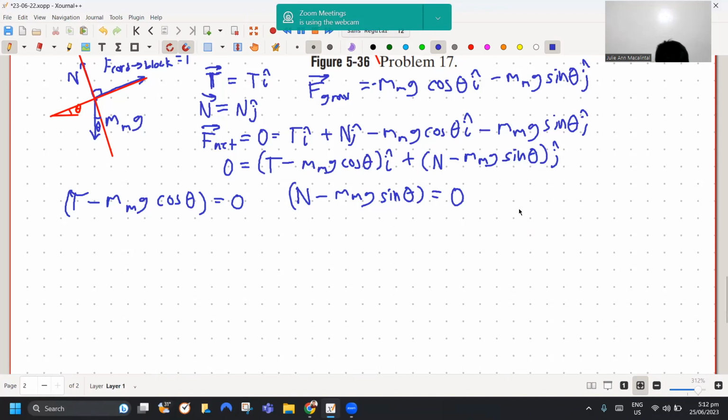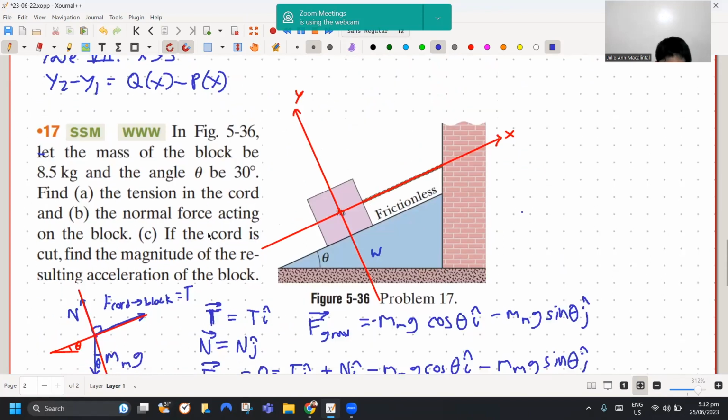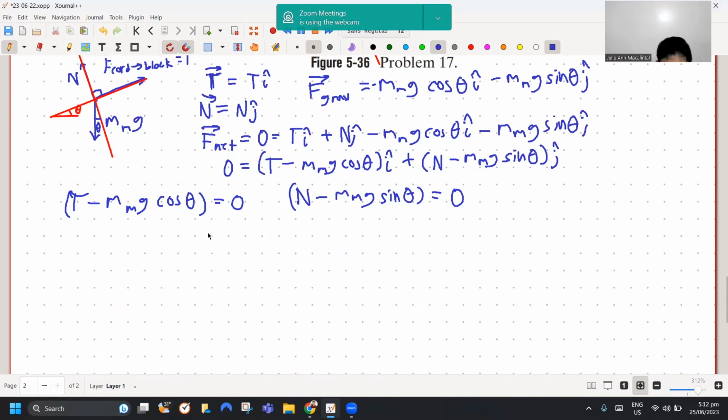Ngayon, i-highlight mo yung mga given. Given. So use highlighter, tapos paki-highlight lahat ng given dyan sa equation na yan. Sa dalawang equations na yan. So, 8.5 and 30. So, T minus.